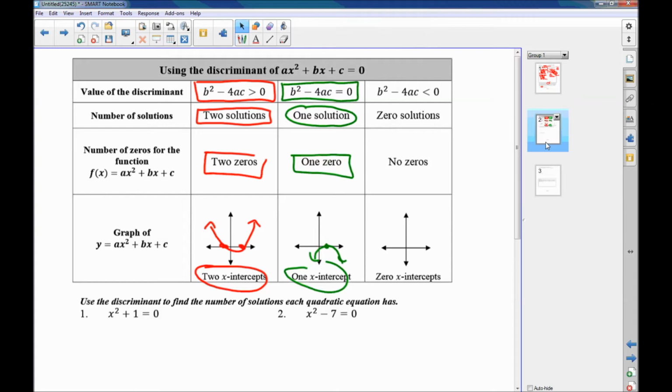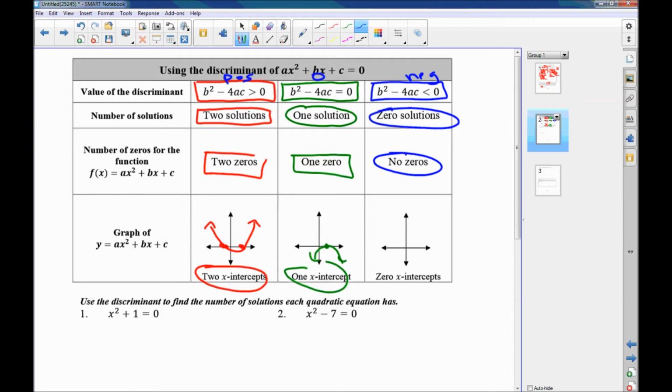And if the discriminant was negative, that's what this says. So this is negative, this is 0, this is positive. If the discriminant was negative, we're going to get no solutions because we can't take the square root of a negative number. We're going to get no zeros. And we're going to get 0 x-intercepts. So that means our graph will be all above the x-axis or all below the x-axis.